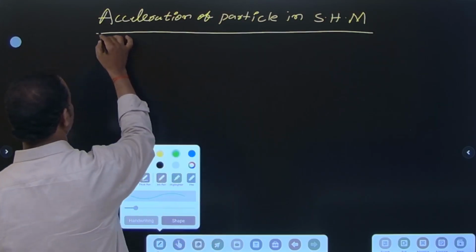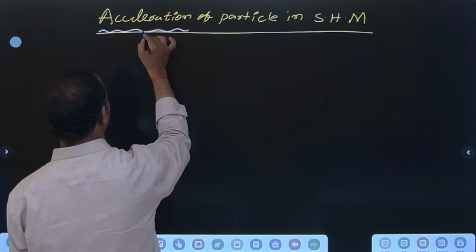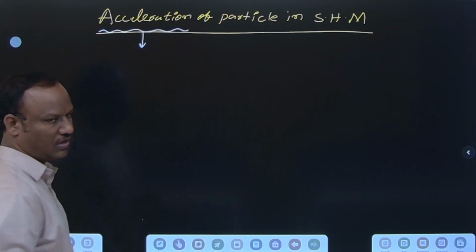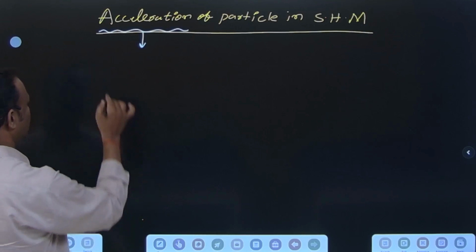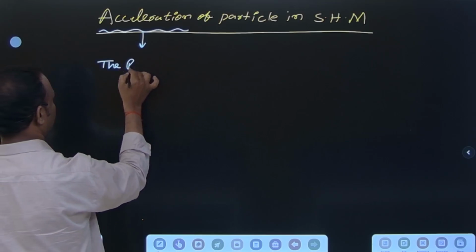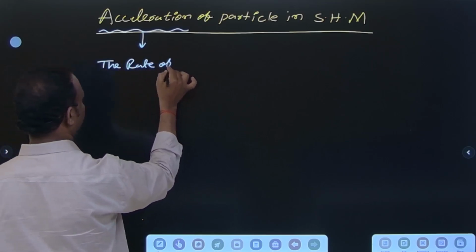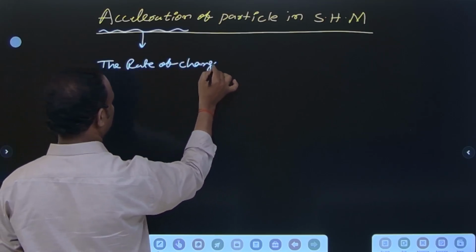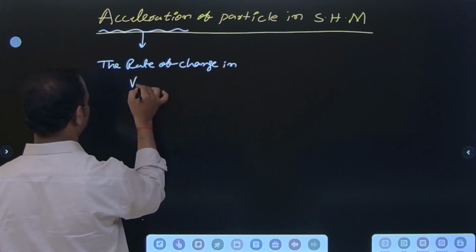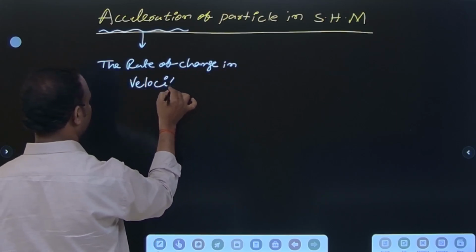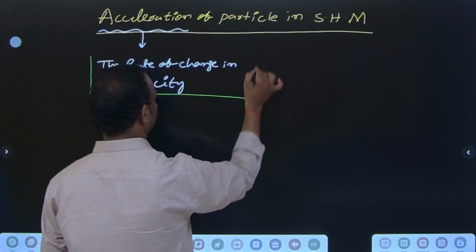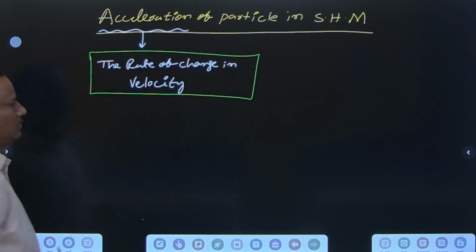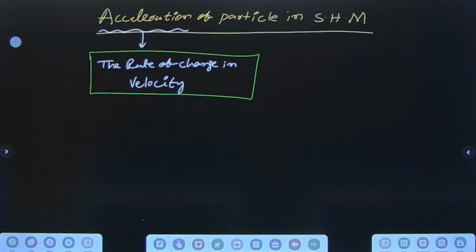Acceleration is the rate of change of velocity. The rate of change in velocity is called acceleration.